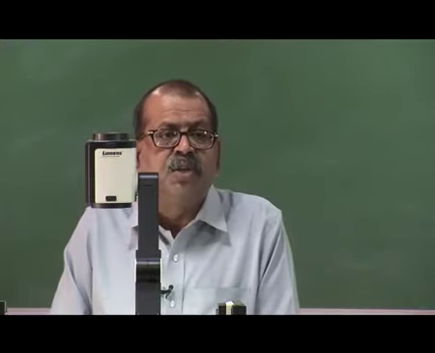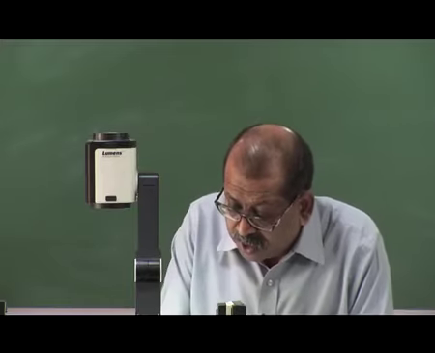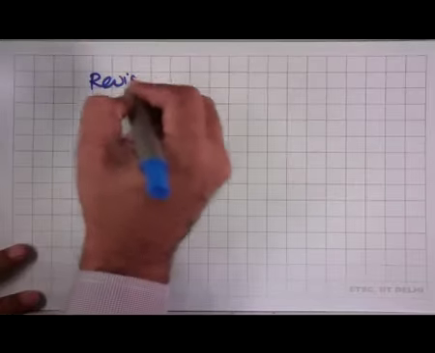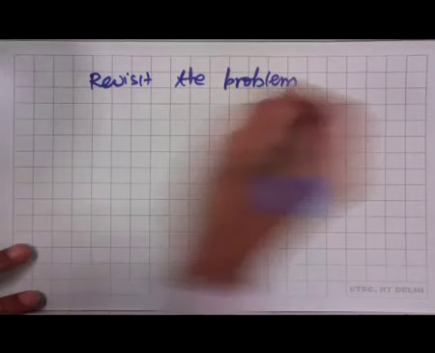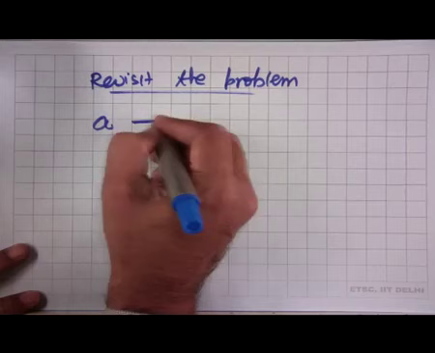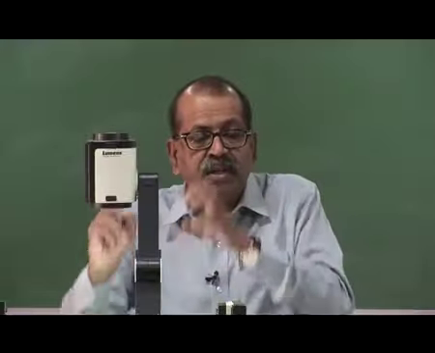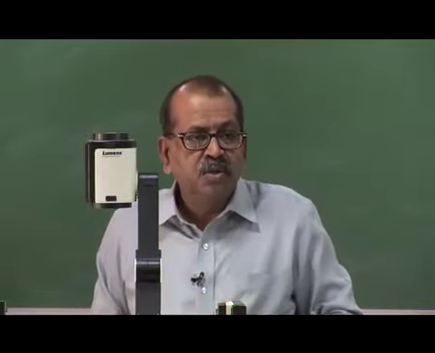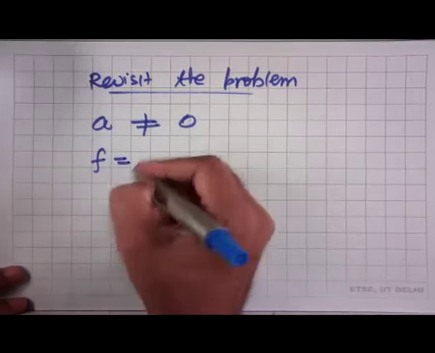As soon as it becomes equal to mu s n, the body will start to slip. So, that means now we revisit the problem. Now, acceleration will not be 0. The body will start to slip, except of course, in the case of impending slip when the body is just about to move.